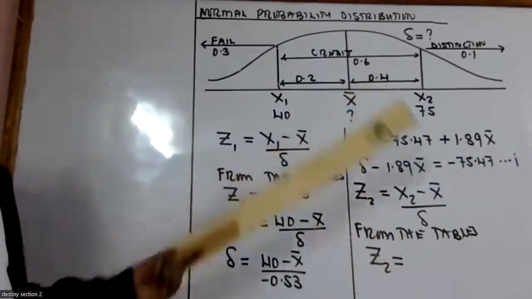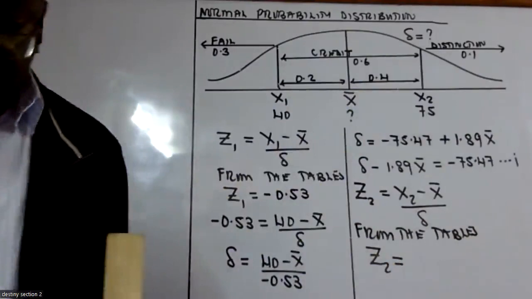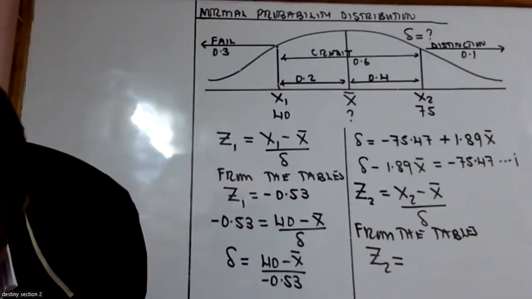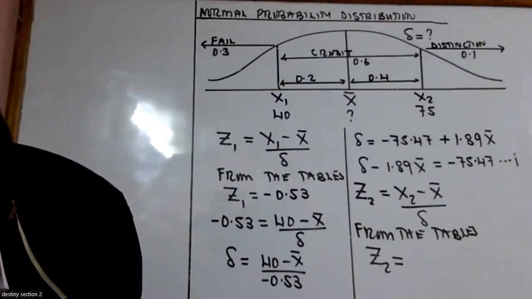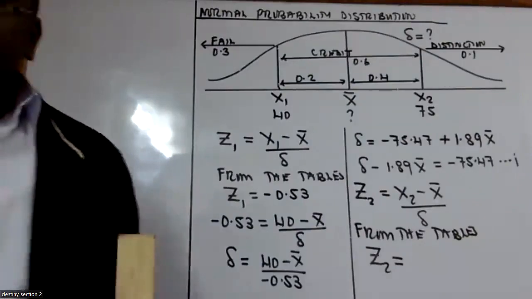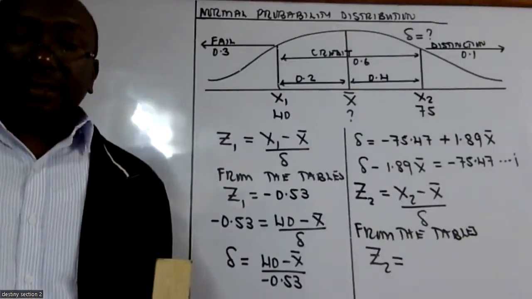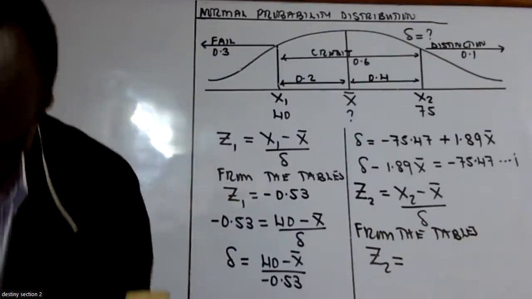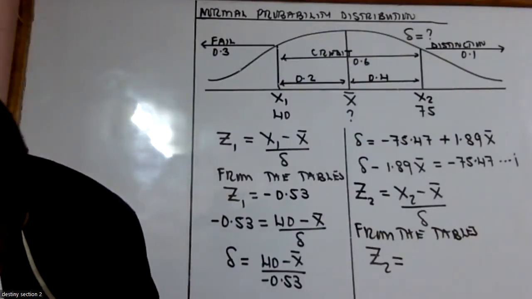Eda sasa unitafutie 0.4 inside the tables. 0.4. We have 0.4015. Is that okay? The value of Z from the tables is between 0.4015 and 0.3997.